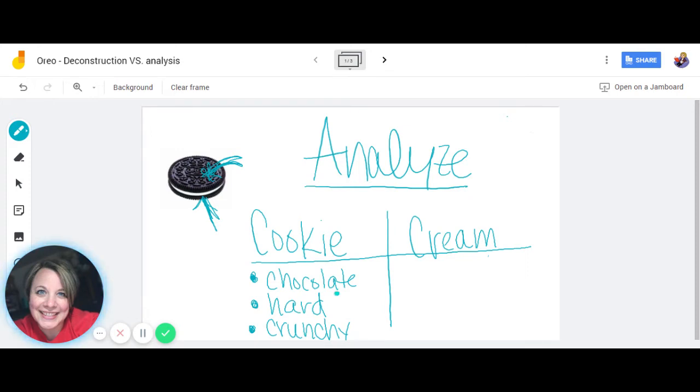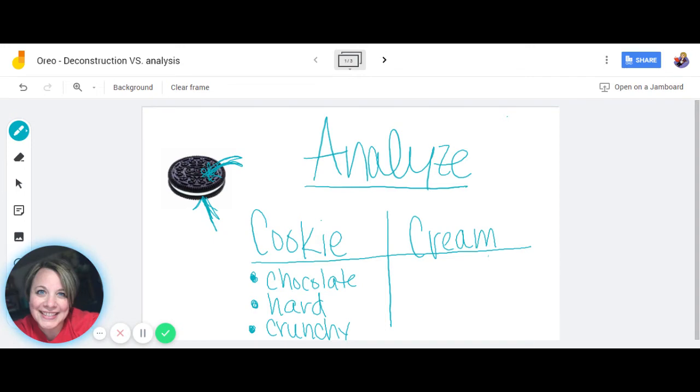Now, chocolate can be a noun, okay, but chocolate can also function as an adjective. So when we do vocabulary in the classroom, and I always make you do the parts of speech, it's not to be mean. I mean, maybe, just kidding.